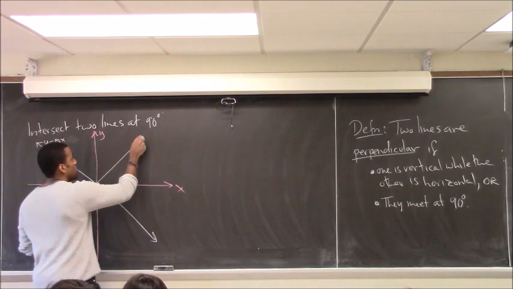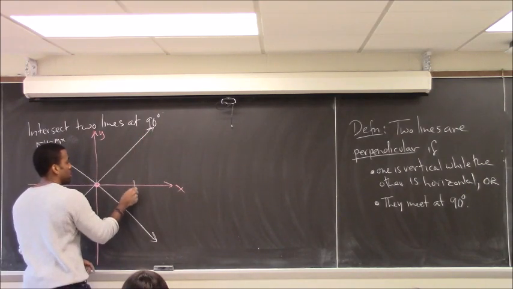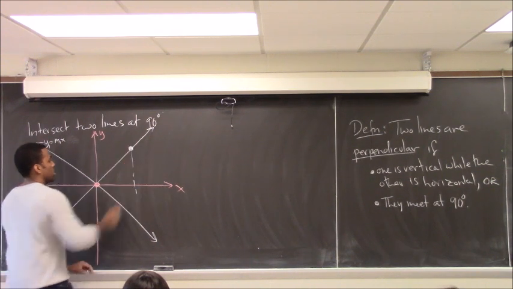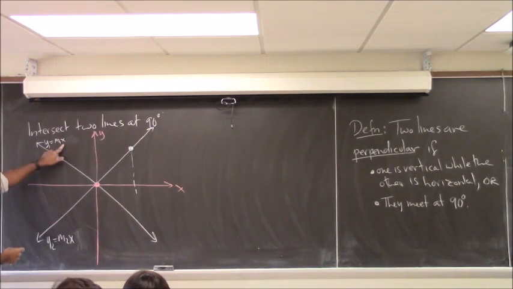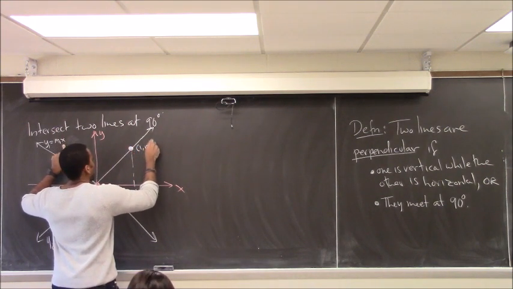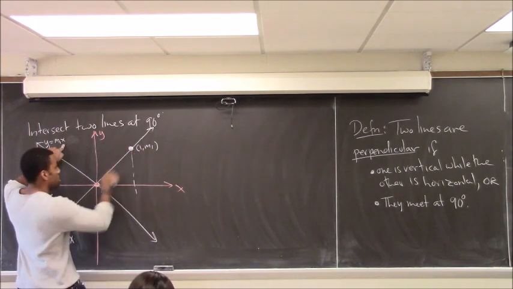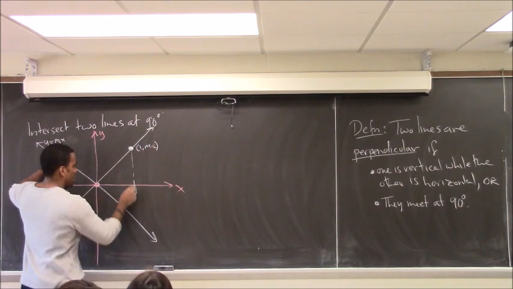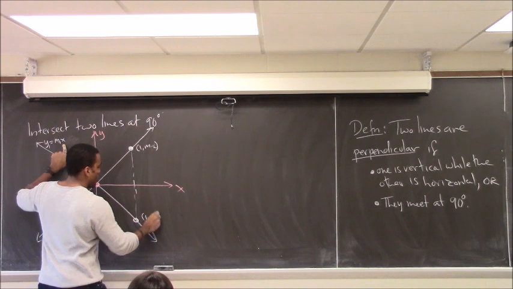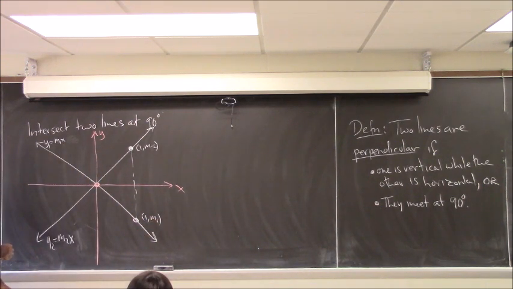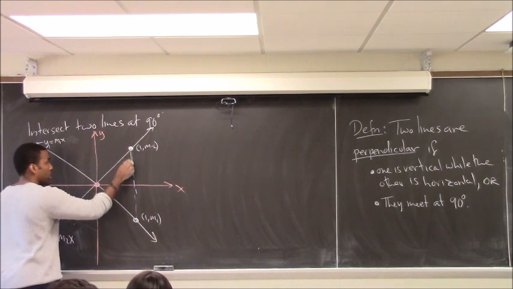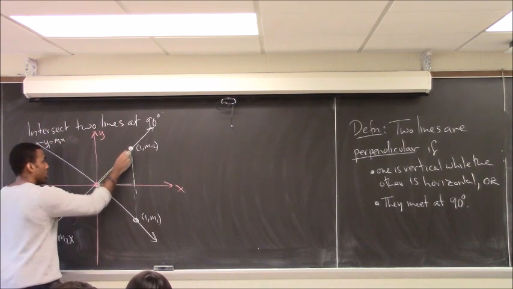Here's something you can do. Pick the coordinate 1 here, move up here, plug in x equals 1, you get the coordinate 1 comma m2 over here, and over here you'd have the coordinate 1 comma m1. Notice here that we can actually create two right triangles.